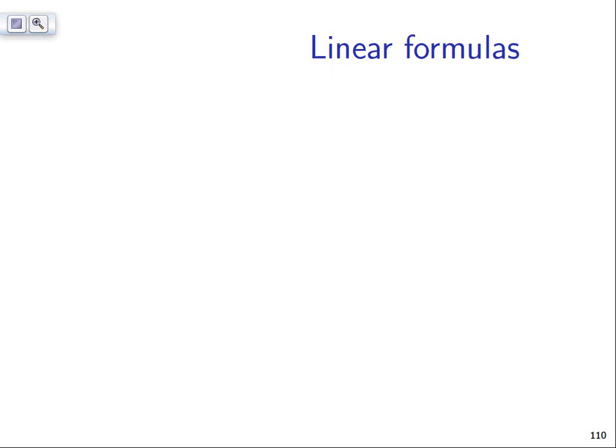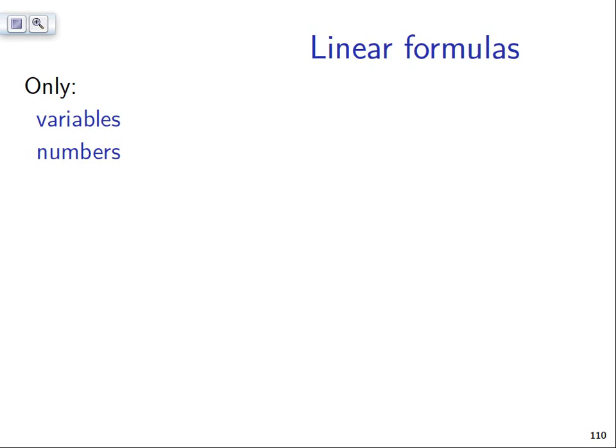A class of formulas that is quite widespread and that can actually be dealt with automatically are the linear formulas. So what does a linear formula mean? Essentially, it means no multiplication. It's not quite like that, it's a bit more, but think of it: linear means no multiplication. So what do we have?